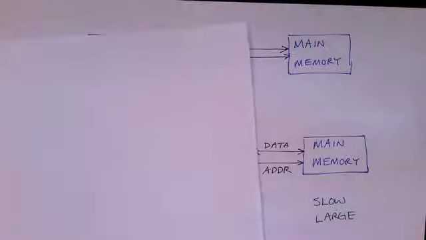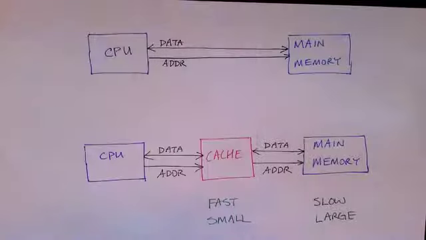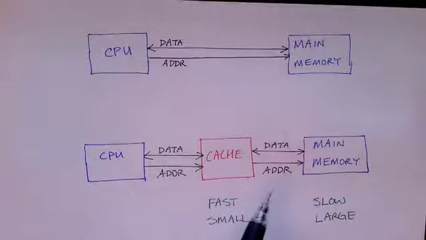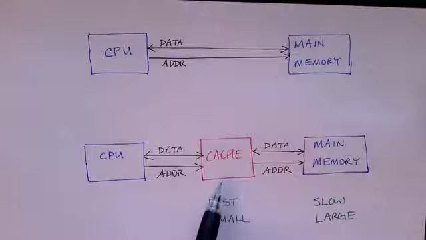The memory is getting an address, and in the case of a read operation, it sends the data back. So cache can be added to the system, and it's somewhat transparent. So the CPU doesn't really have to be changed, and the main memory doesn't have to be changed. The cache is interposed, and basically it speeds the whole operation up.